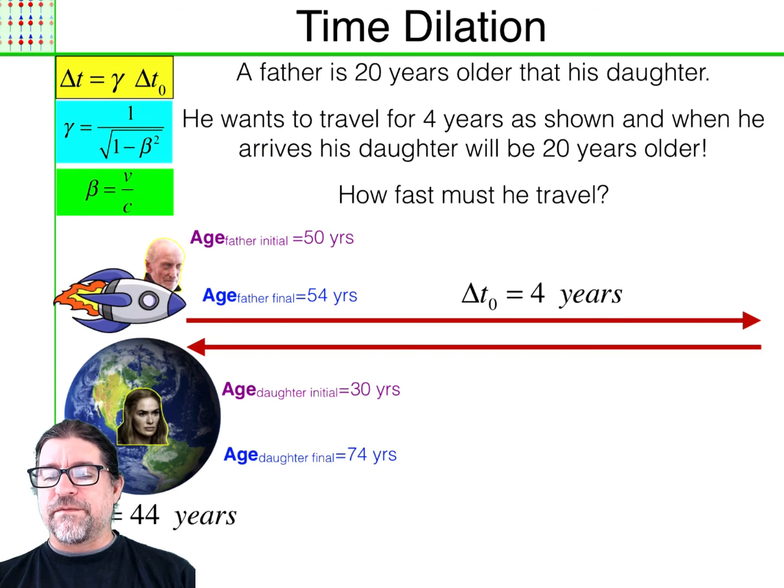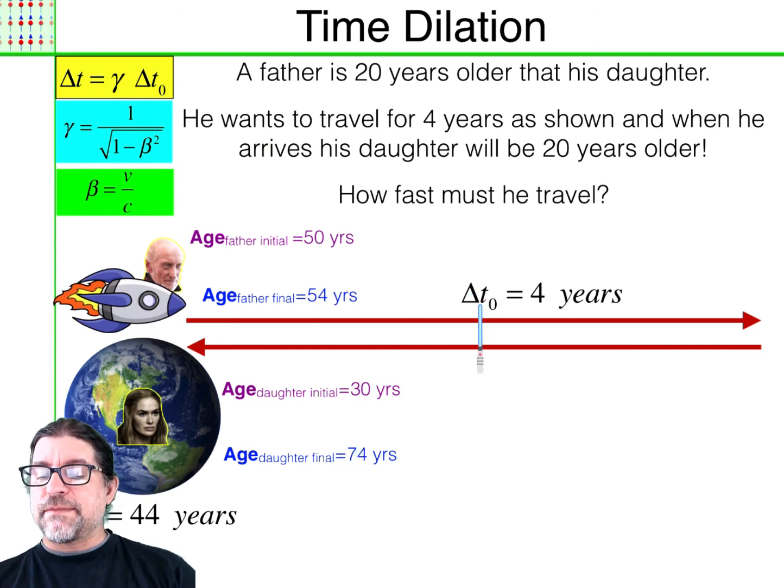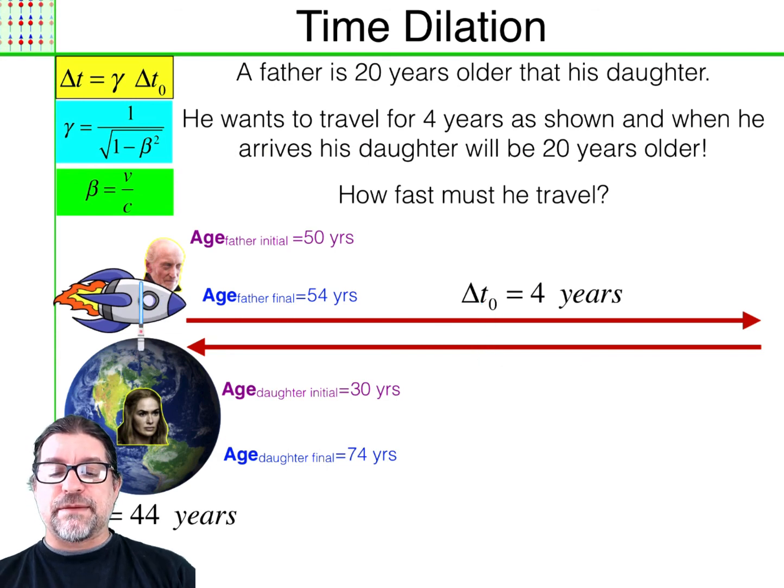All right, well, let's see. So he goes from 50 to 54. She goes from 30 to 74. The time that passes for him is the time between the two events on his clock. 4 years passes for him. How much time passes for her?